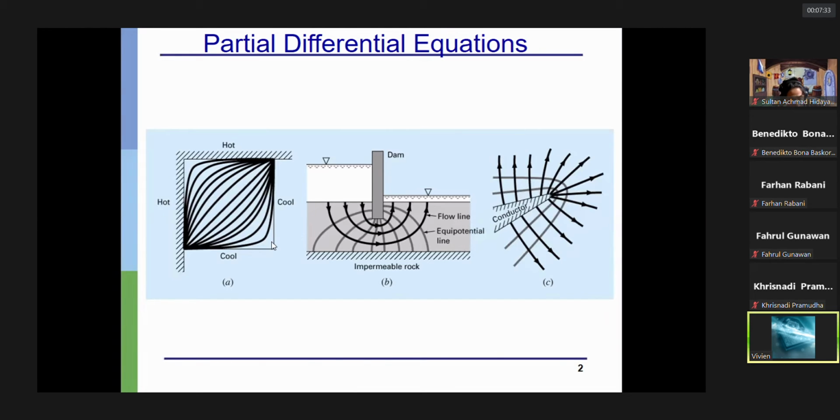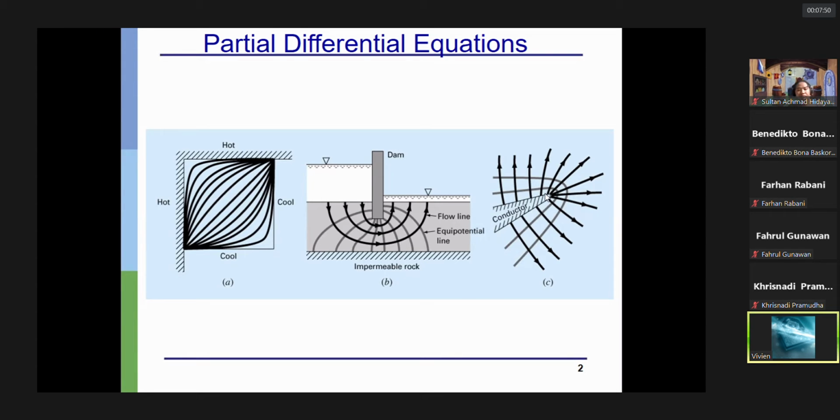Or we can give insulation, and we can also find the temperature distribution for the plate.